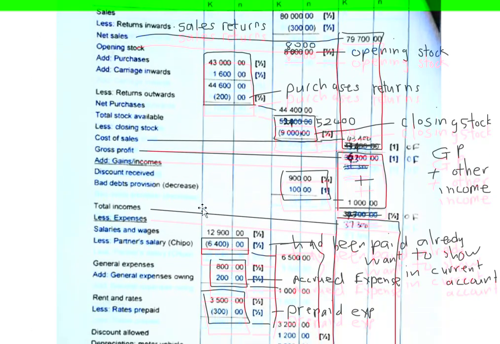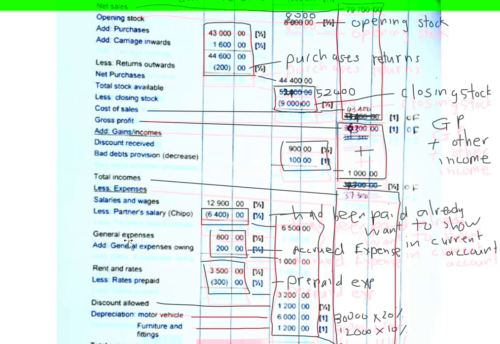And at the moment, 800 doesn't truly reflect general expenses because we're trying to calculate the proper profit or loss. So we add that. And we call it an accrued expense, owing expense. So when we did the adjustment, we debited general expenses and we credit an account accrued expenses, which is a liability. You will see in your balance sheet, you might call it something else, but under current liabilities, you can have 200. But we're only concerned here with income and expenses.